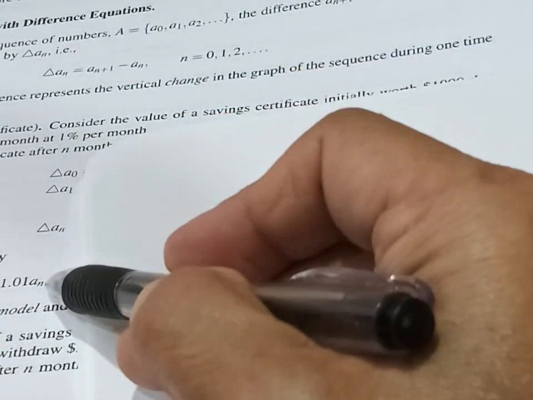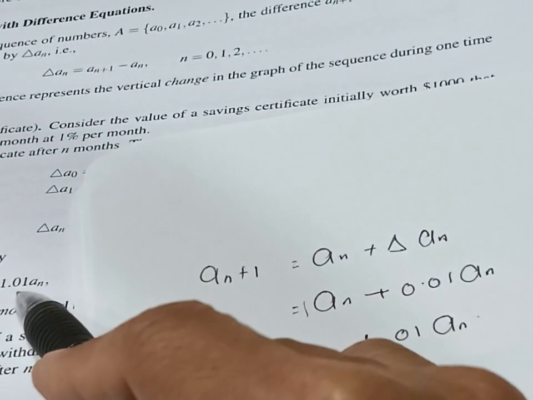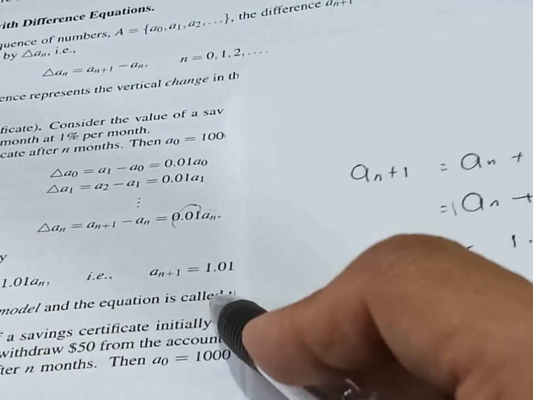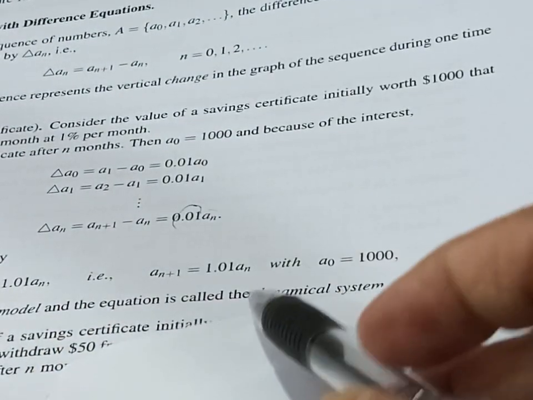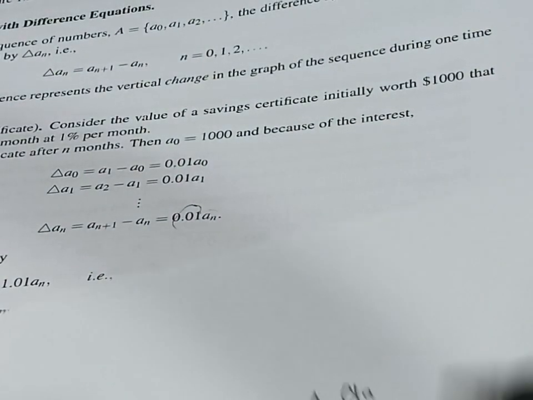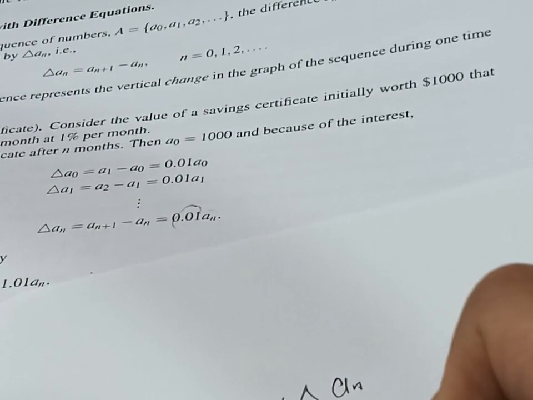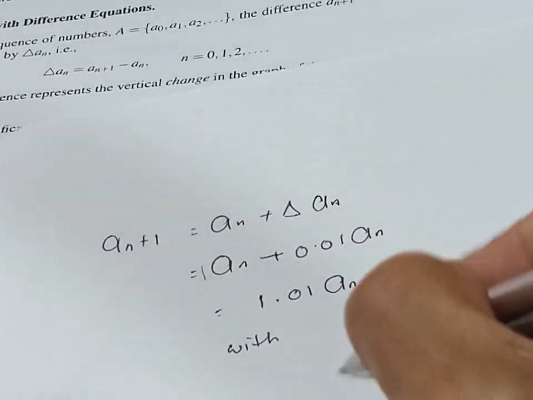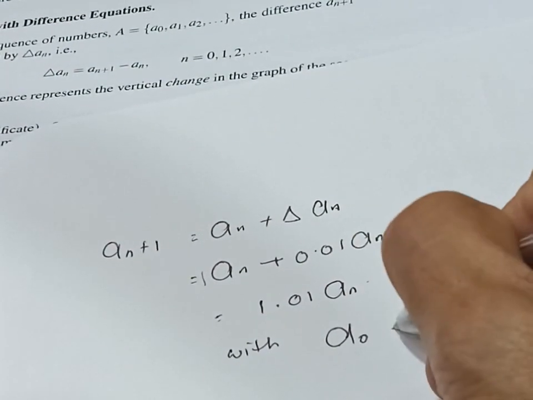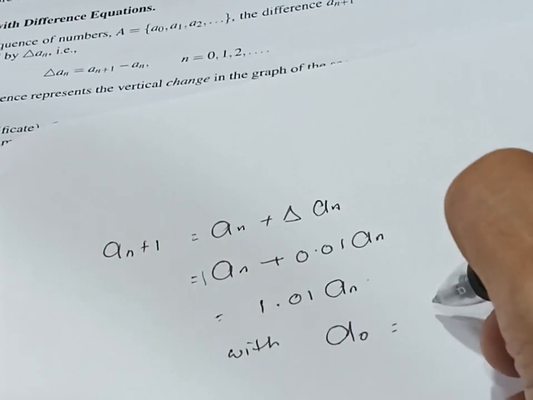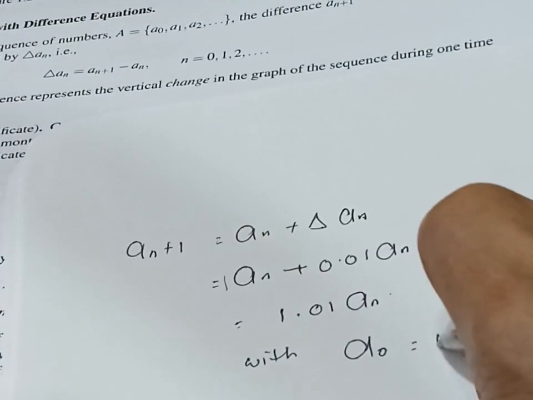So this is how we get this equation, a_{n+1} equals 1.01 a_n, with the initial value given as $1,000.